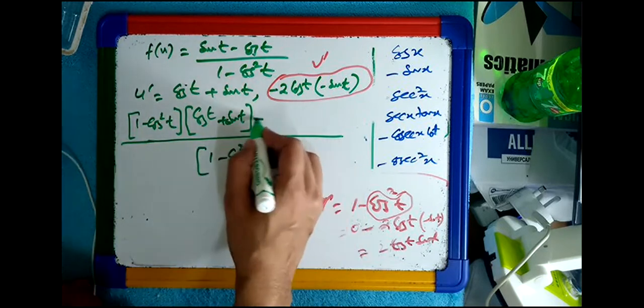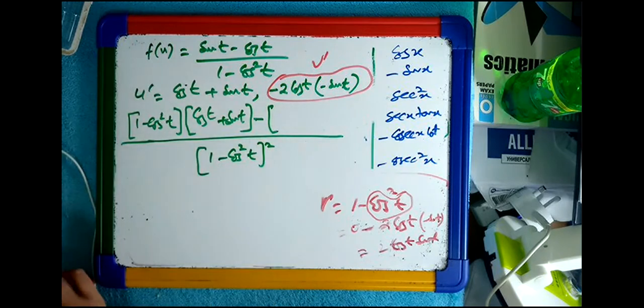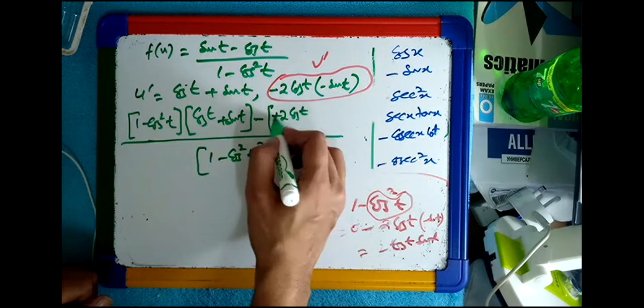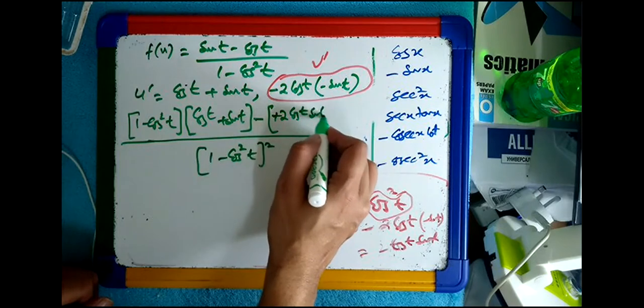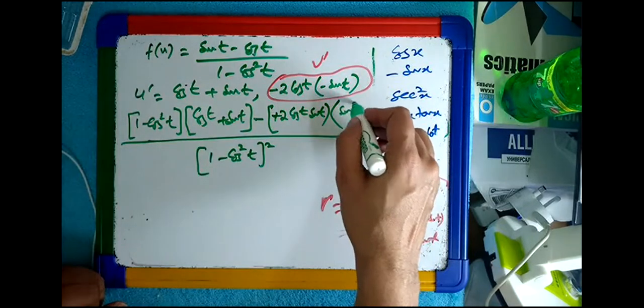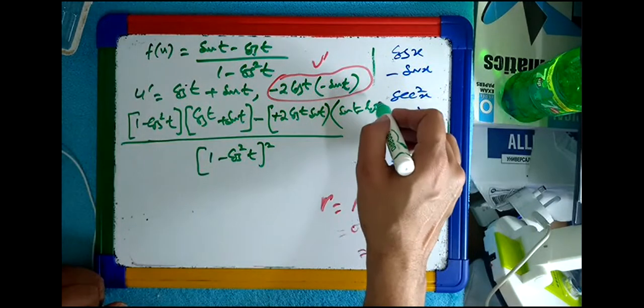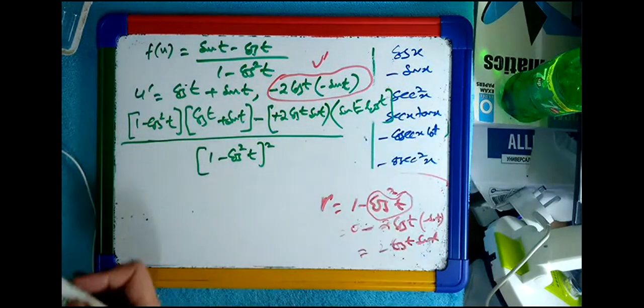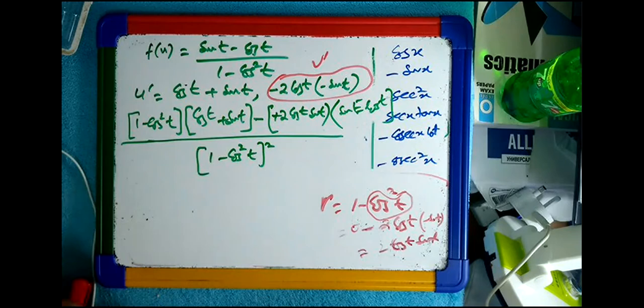And then minus, now what will we do? Minus v dash, 2 cos t sin t, times the numerator, sin t minus cos t. The next step is very easy. You will just expand and get the answer. Yeah, that's the thing.